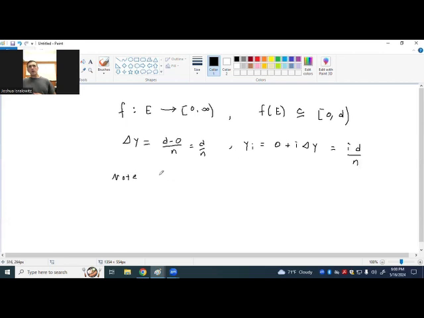Something to note: this is pretty much trivial. These intervals from i equals 1 to n partition 0 to d.